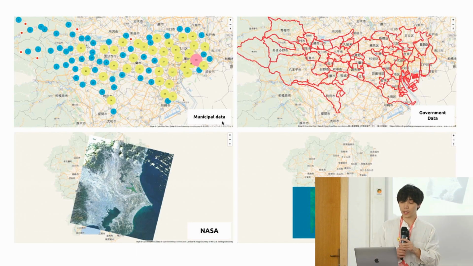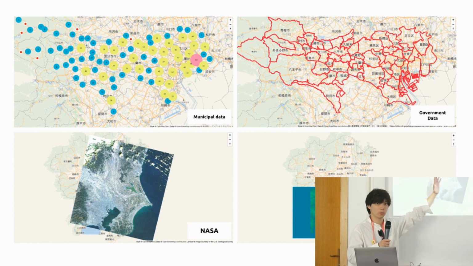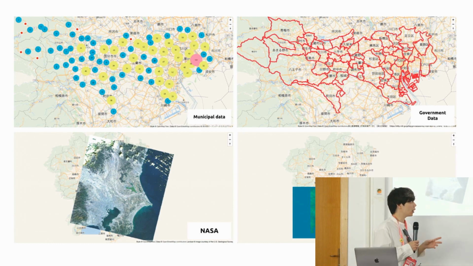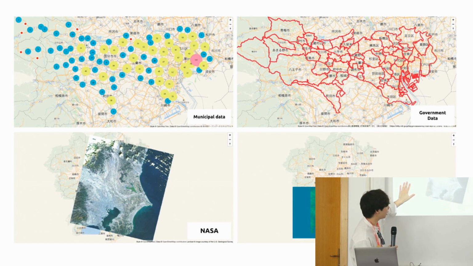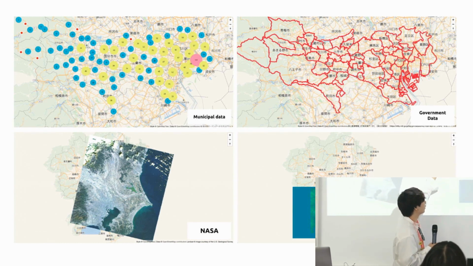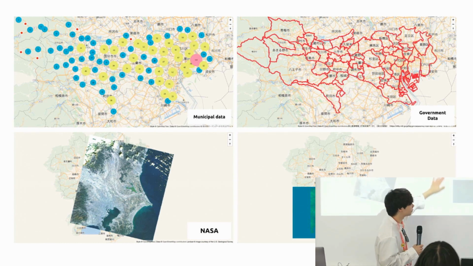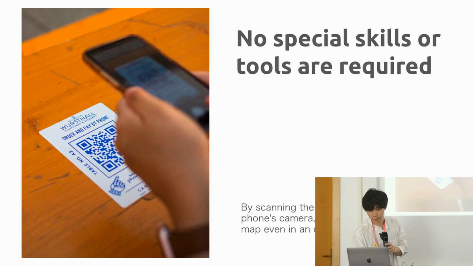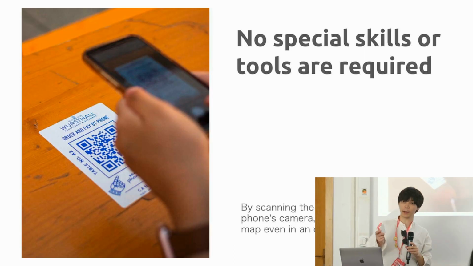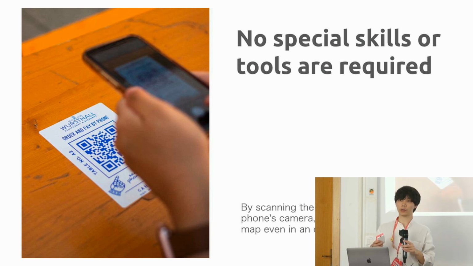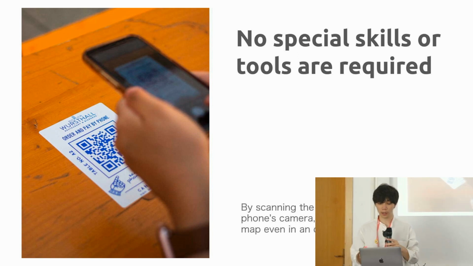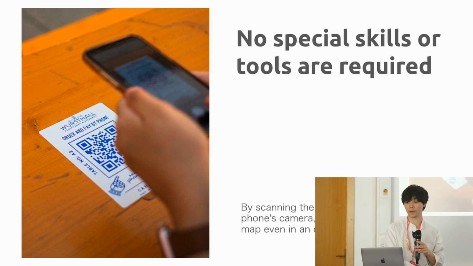So I'm showing one demo of the evacuation center maps, but you can make an offline map by yourself. This is satellite imagery, this is bank data, and this is administrative data of Tokyo. This Raspberry Pi does not require a special GIS background or special digital skills. Just scan a QR code with your digital device, such as a smartphone.